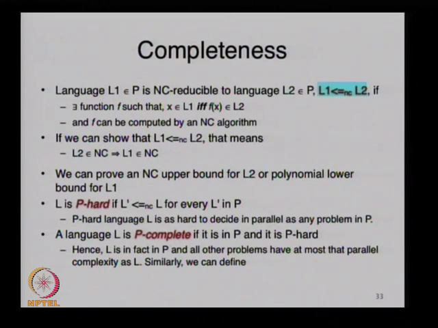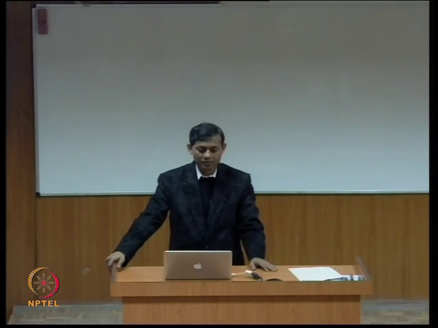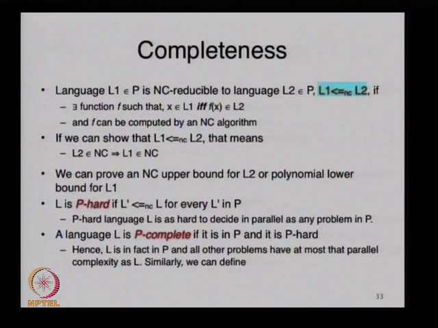Okay? Is it the other way around also? No. It's one way. Other way around means something else. In fact, if L1 is NC reducible to L2, that means that L2 belonging to NC implies that L1 belongs to NC.